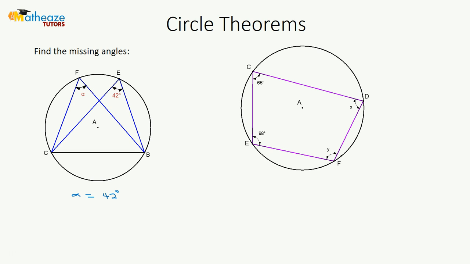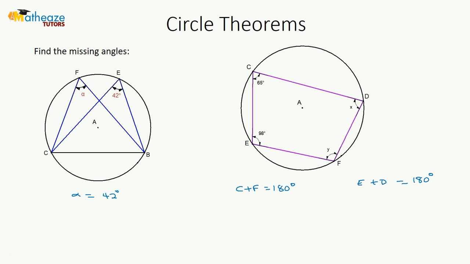So in a cyclic quadrilateral, opposite angles are supplementary. So that means that C plus F must be equal to 180 degrees, and E plus D must be equal to 180 degrees.